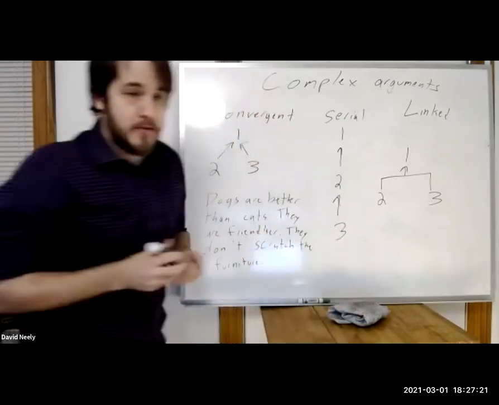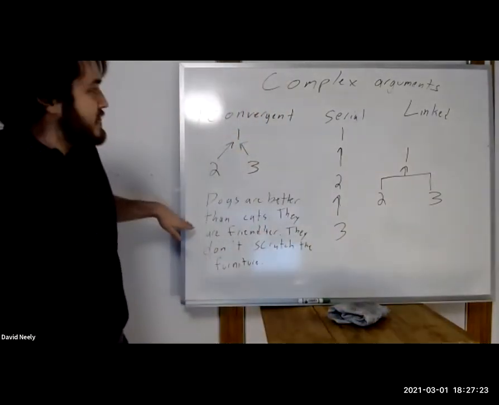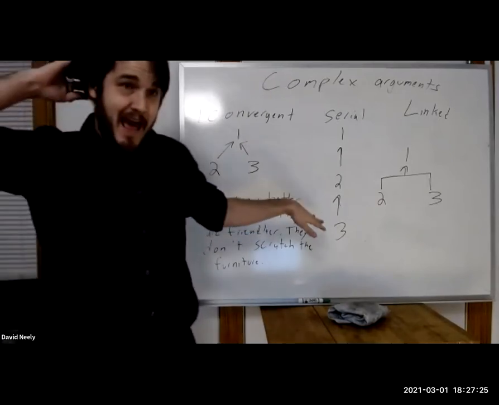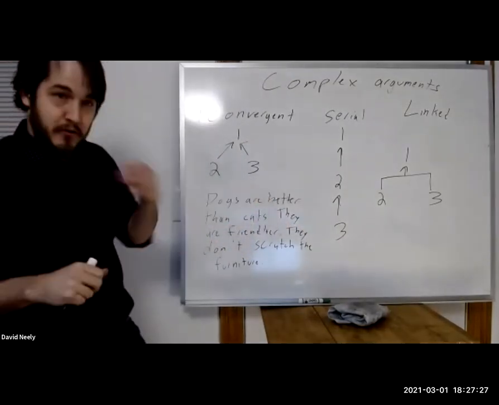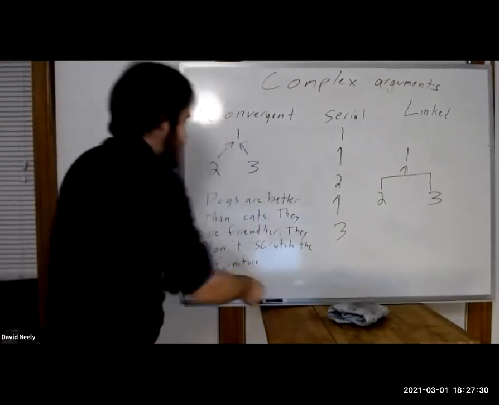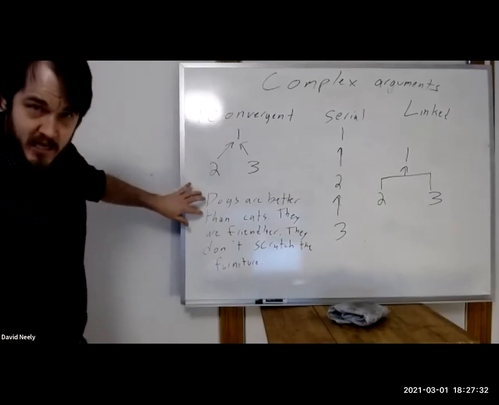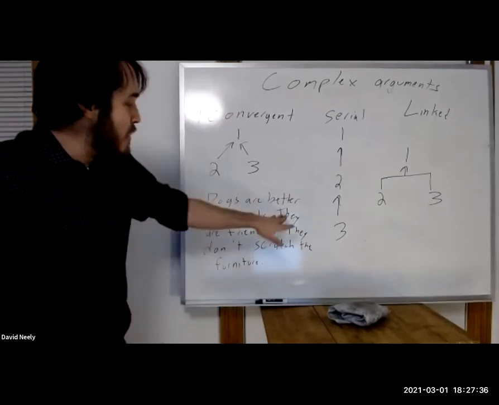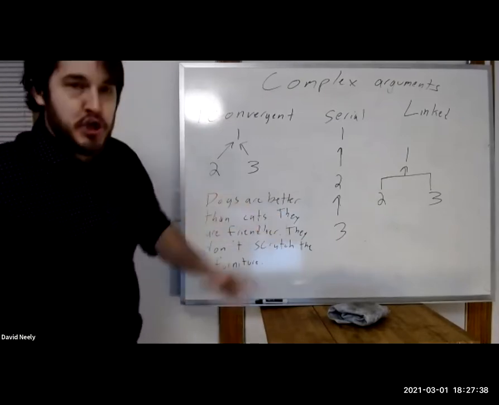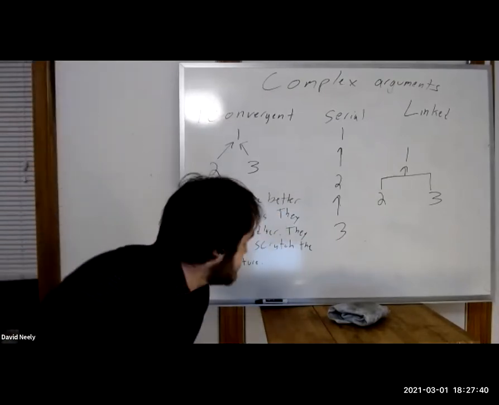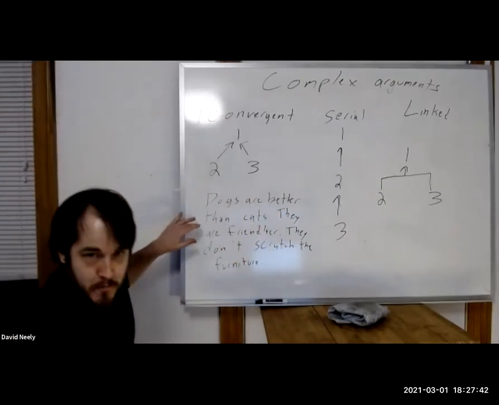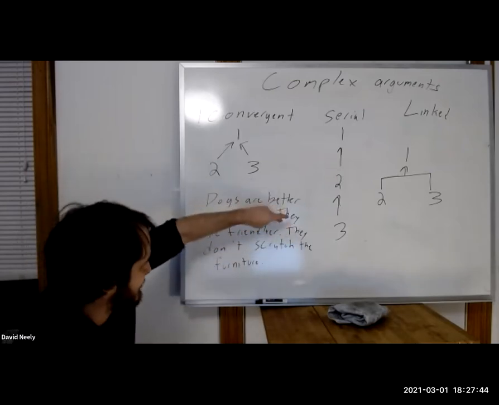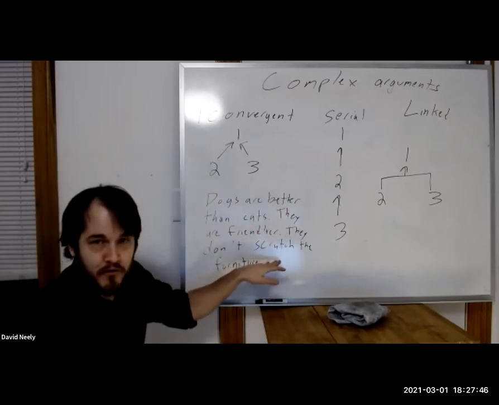So this is an argument that somebody might give for why dogs are better than cats. In this particular 3-sentence thing, we'd say that the first is the conclusion with respect to the other two. And we have 2 independent reasons for thinking that dogs are better. 1, dogs are friendlier, and 2, dogs don't scratch the furniture.